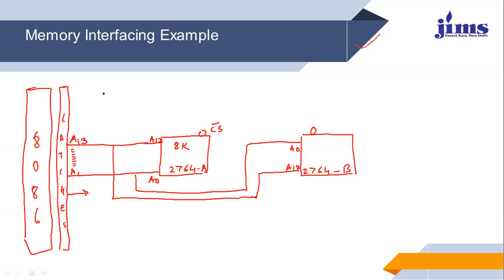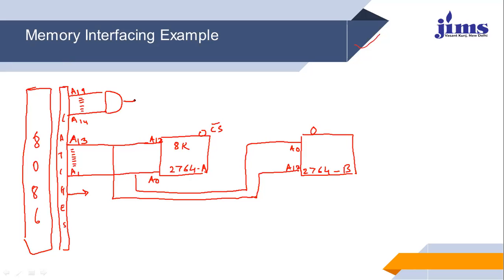Just pay attention here and look at what I am doing. I require the addresses from A1 to A13, that is A0 to A13. All the other addresses are used to generate the chip select logic. Look here, starting from A14 and up to A19, all these addresses are used to generate the chip select line.